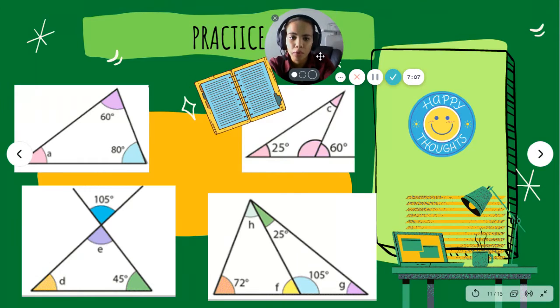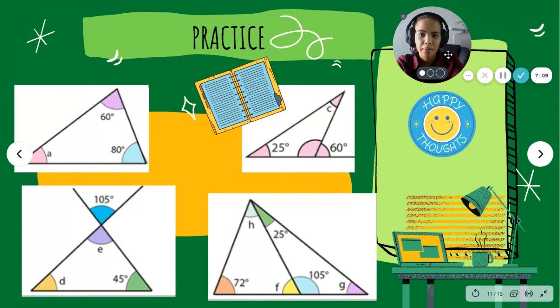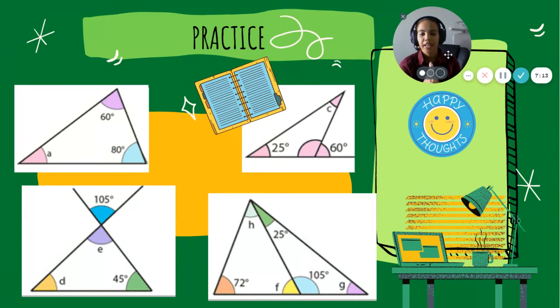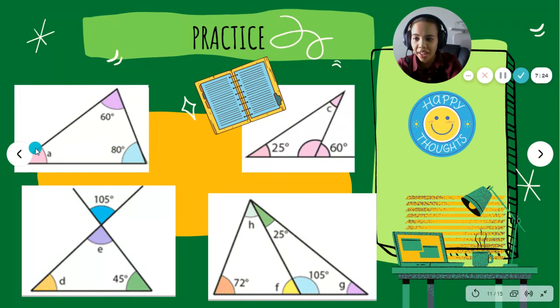we're doing some more practice because practice is really good. Pause the video again. Copy down these or try to find every angle. For the first picture over here, angle A, what is the size? Over here, angle C, what is the size?